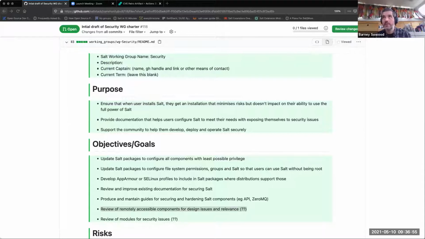Looking at quite a few modules, it's clear that there are some patterns being used to ensure that shell injection is difficult or can't happen. But I couldn't find any documentation anywhere that said, if you're writing a module and you need to shell out, you should use, it's like the Python shell argument, isn't it?